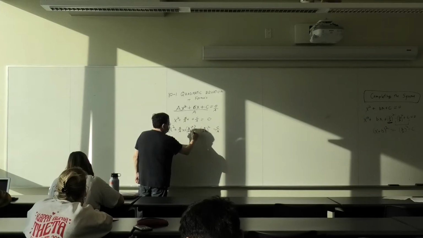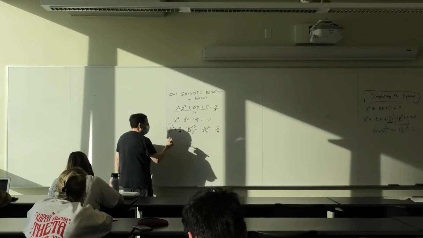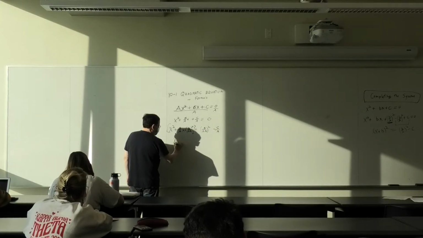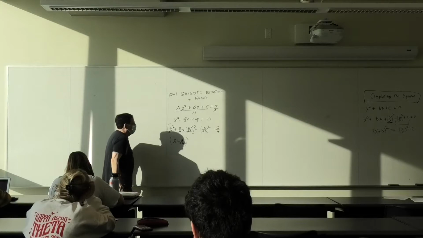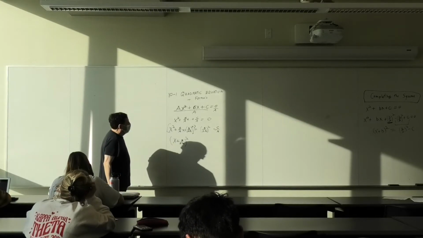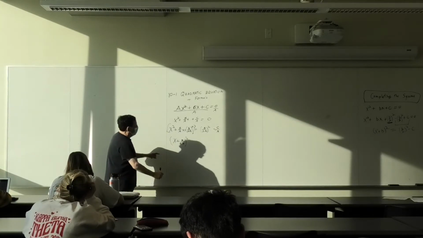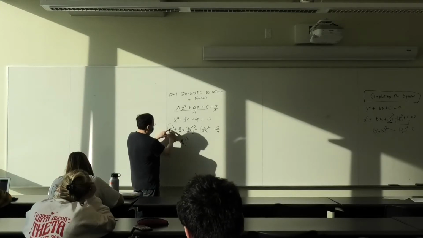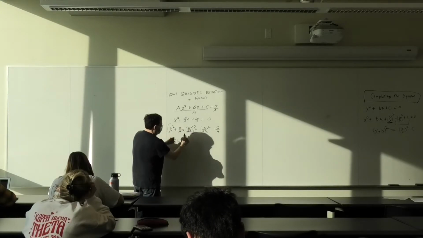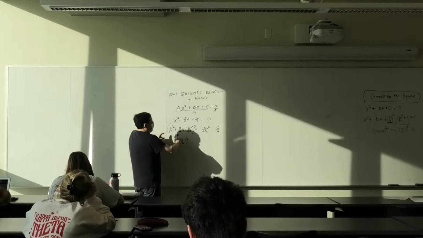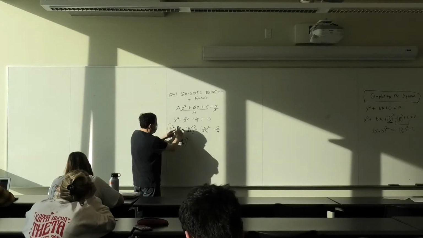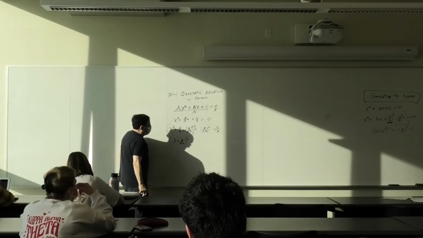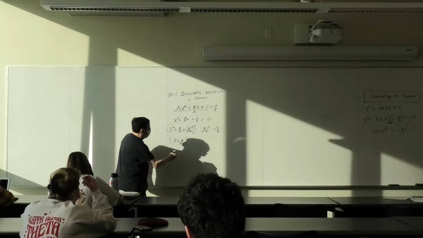I completed the square here, so I know that this is a perfect square. It's x plus b over 2a, squared. If I FOIL this, x squared here, b over 2a squared here, 2 times x times b over 2a is just b over a x. So that worked.